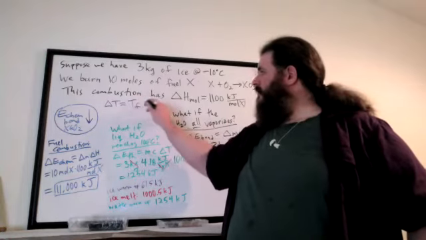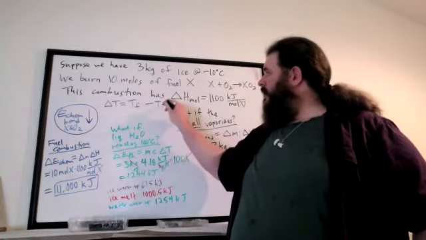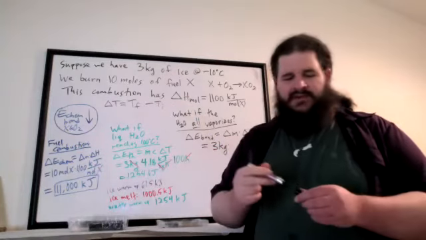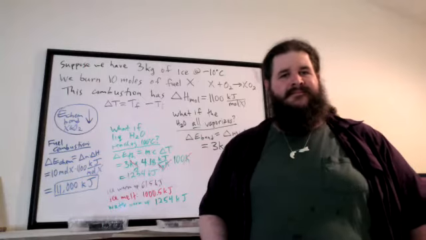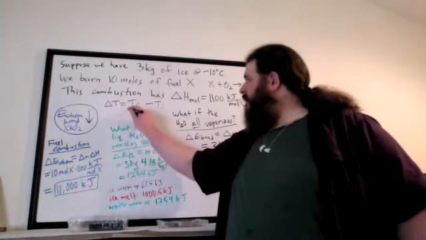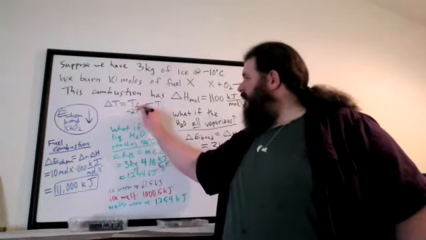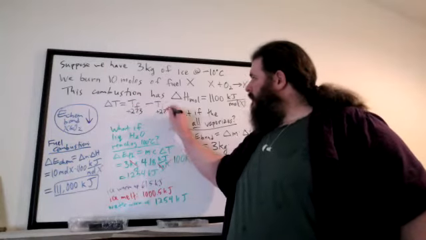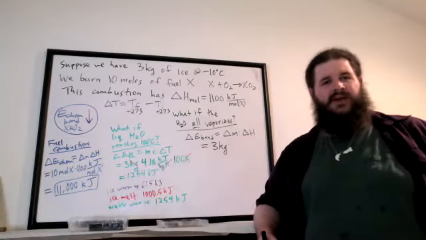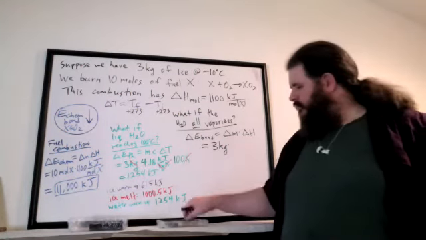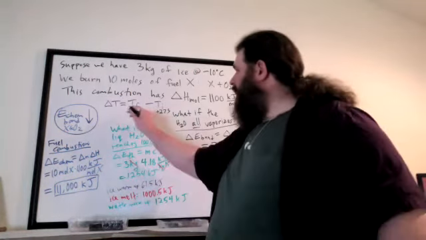And let's say these are given in Celsius. How do you convert Celsius to Kelvin? Adding 273. So if we add 273 to both of these, but we're going to be subtracting them anyway, what happens to those 273s when we subtract? They cancel out.